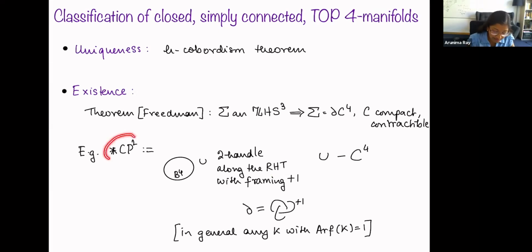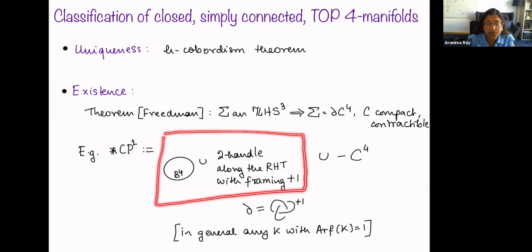What I wanted to say is that I gave you the example of star CP2 just because we had heard that name before, the Chern manifold. But you can also use this to, for example, construct a closed, simply connected topological four manifold with intersection form the E8 matrix by first starting off in this smooth side.